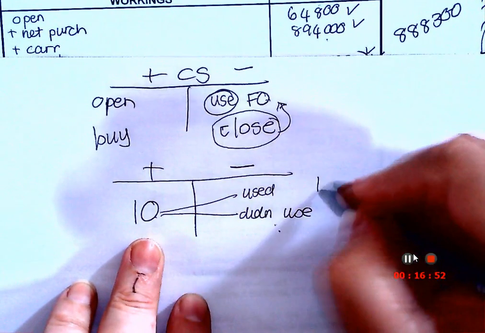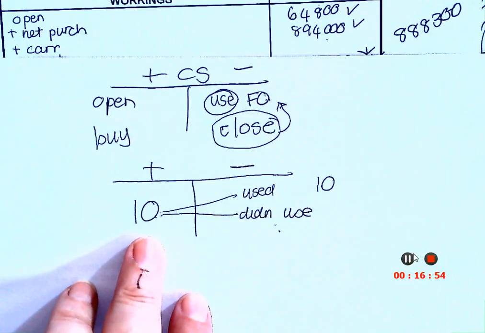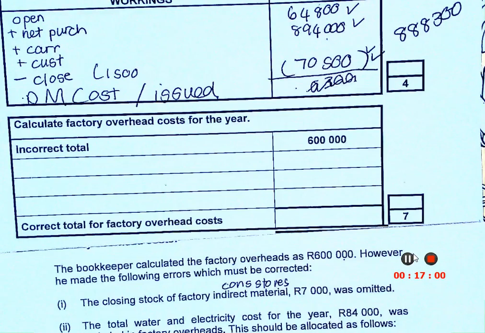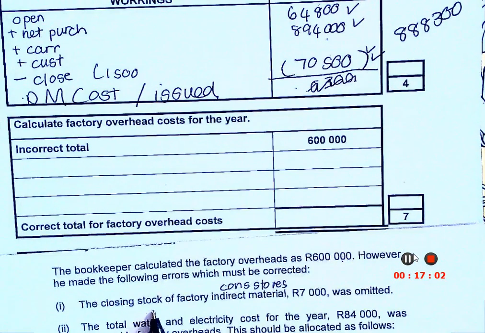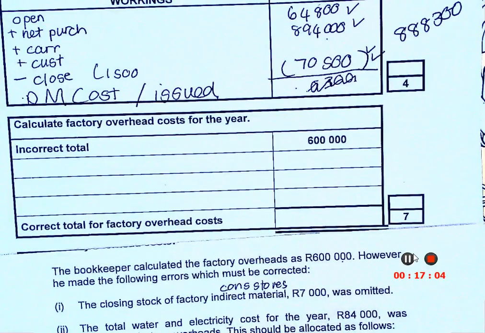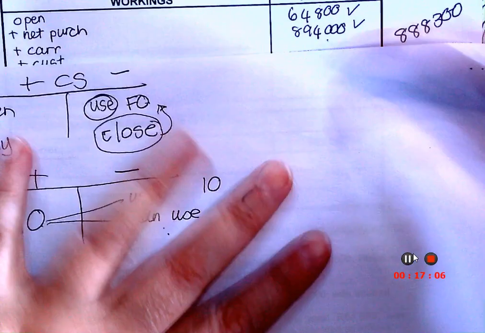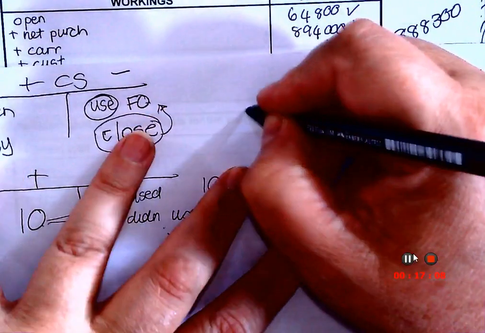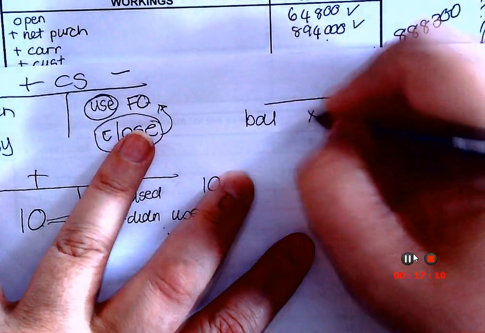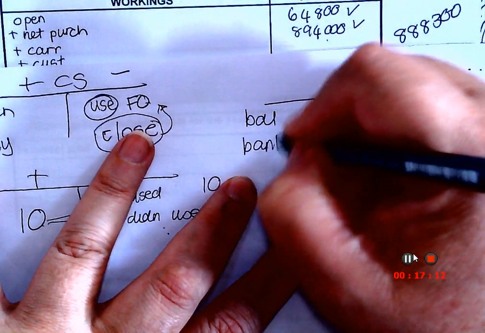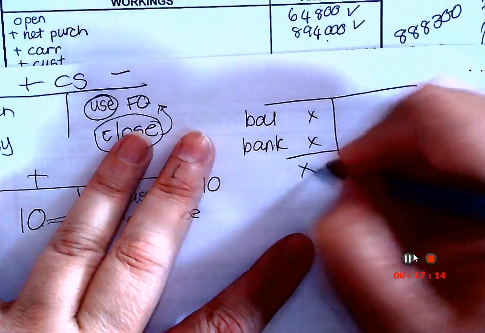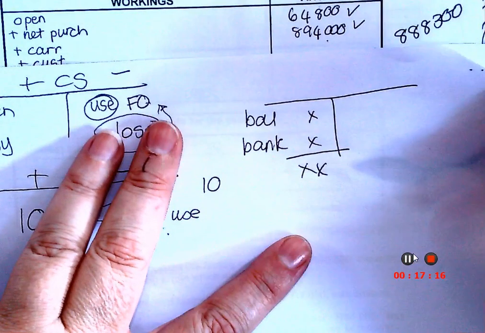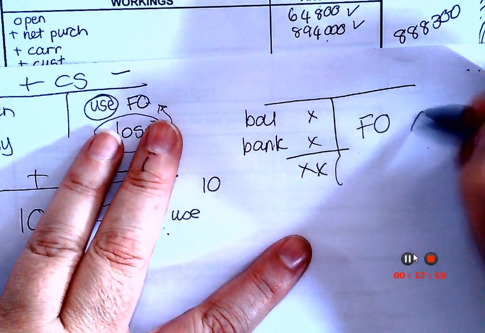So in your books, you showed factory overheads 10. If you read there, they say the closing stock was omitted. So their T account looked like this. It had an opening balance. It had whatever we bought. So it gave me that amount. So when I closed it, I said, oh, factory overheads.